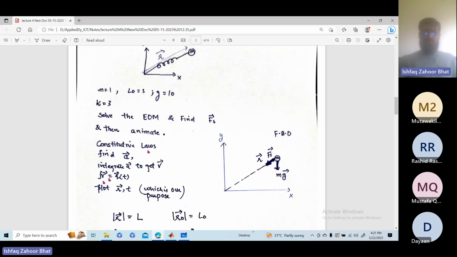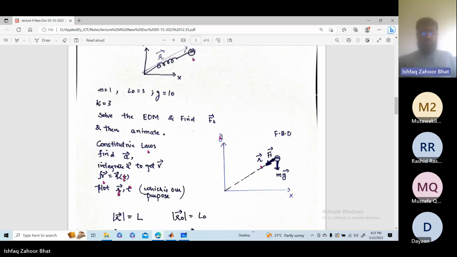And once we get the velocity, we integrate that velocity to get the position at any time t. By position I mean the x coordinate and the y coordinate at any time. Then I will use the plot command to plot x, y with respect to the time t. That will finish our problem.